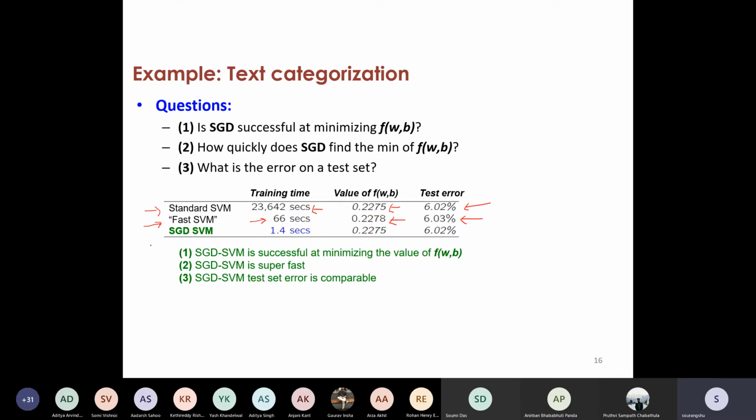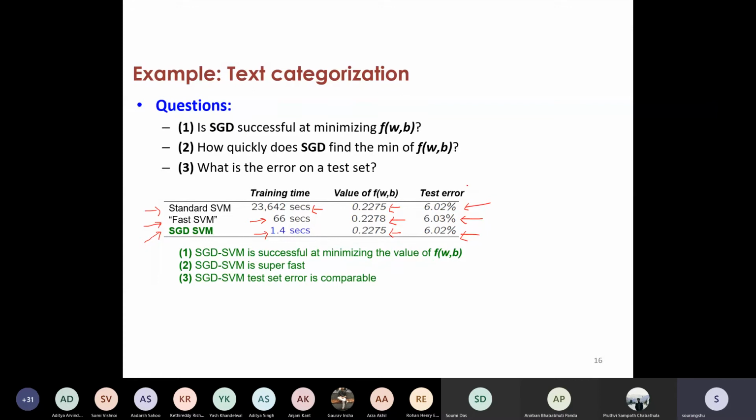Now what Leon Bottou showed is that using SGD SVM, you can do this in 1.4 seconds. The objective function value is also comparable, and the test error is also comparable.